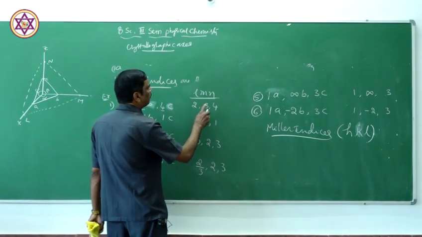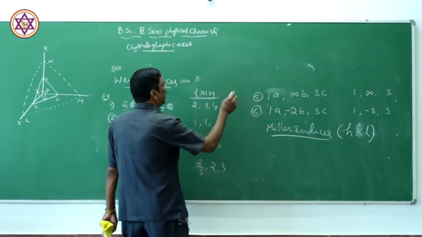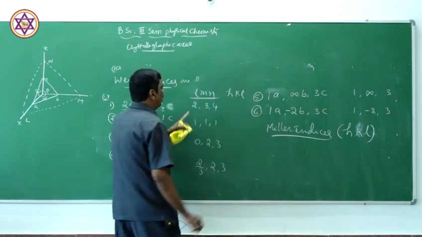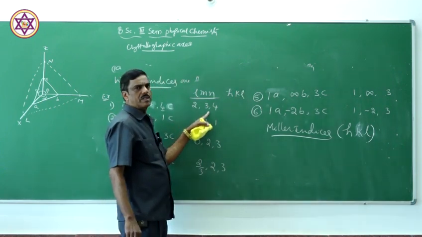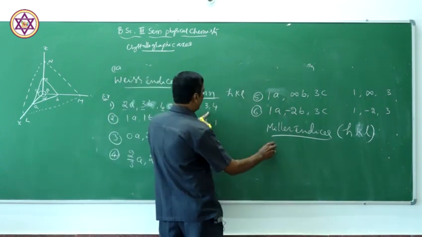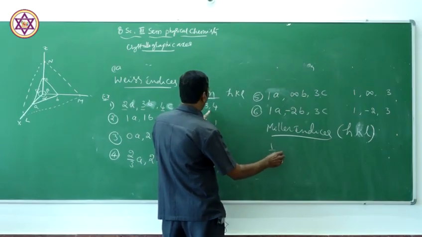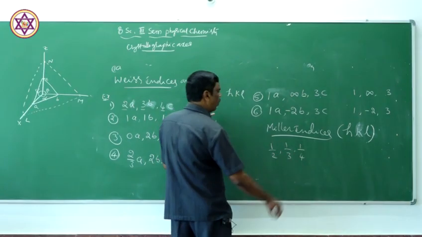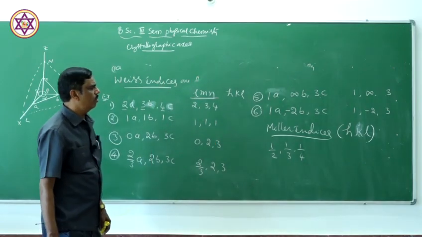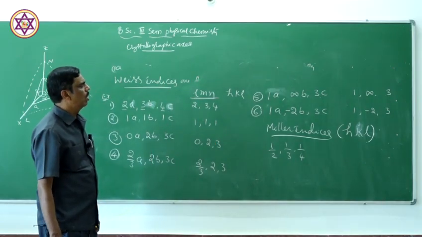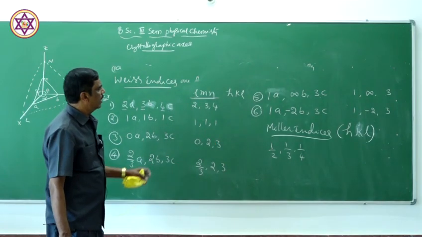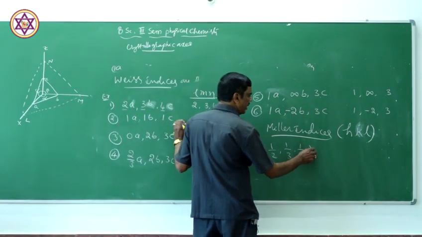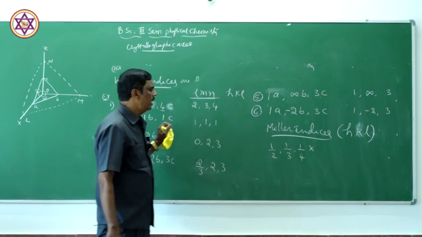The reciprocal of this is 1 by 2, 1 by 3 and 1 by 4. Now, convert this into a whole number. So, you multiply this with a number so that you get a whole number.